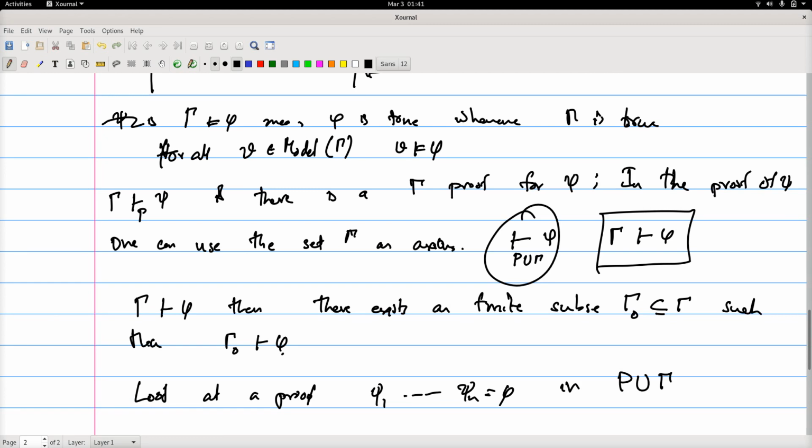So take the axiom system to also contain gamma.